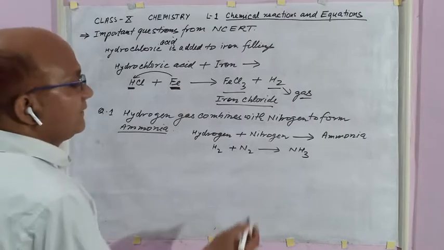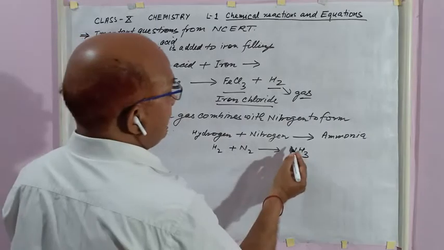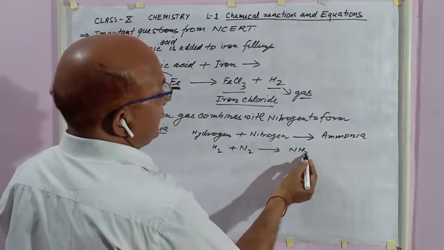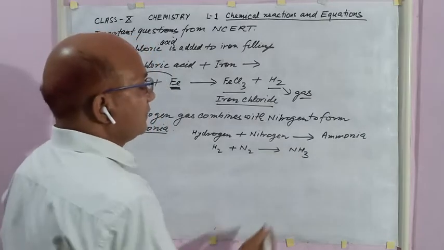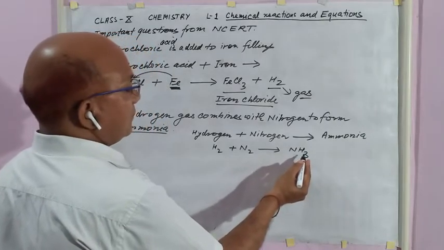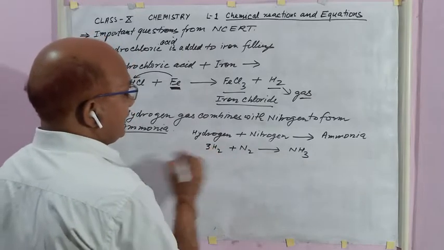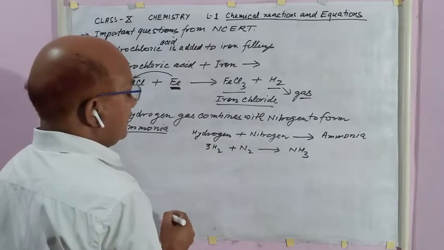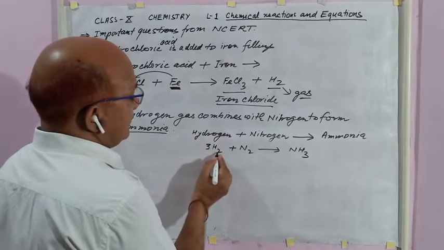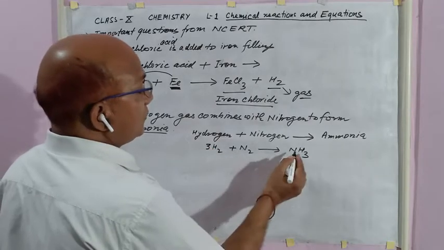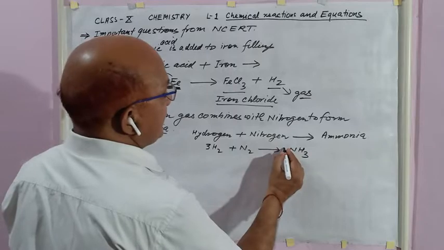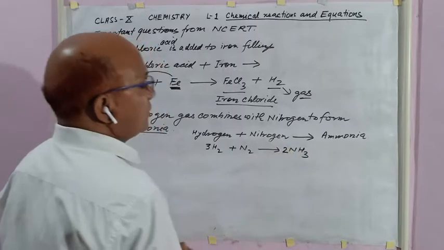Now as you can see, in ammonia there are 3 hydrogen. So multiply hydrogen by 3. So there are 6 hydrogen. So to make hydrogen 6, multiply it by 2.